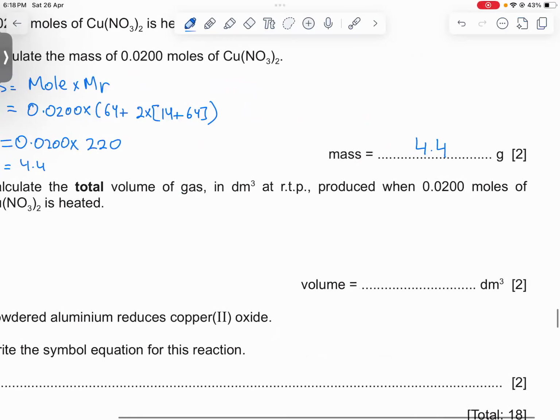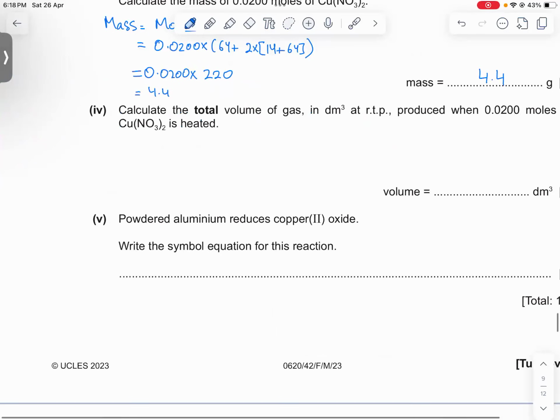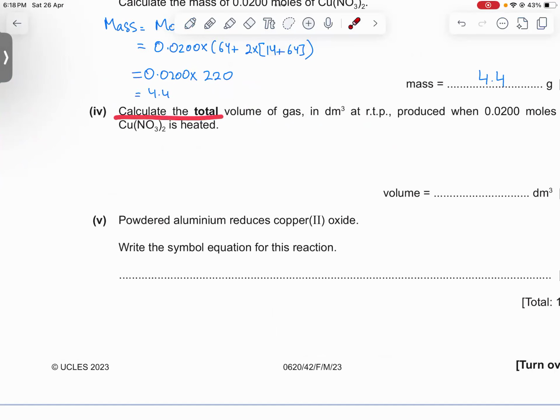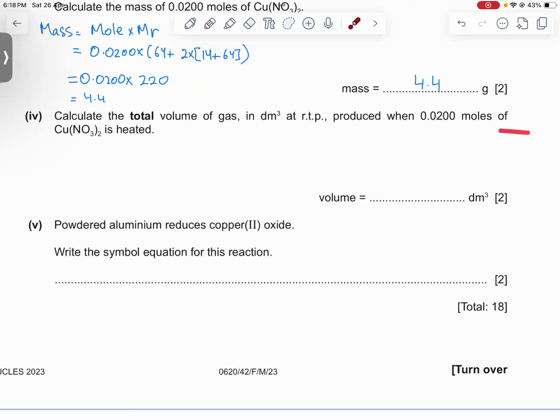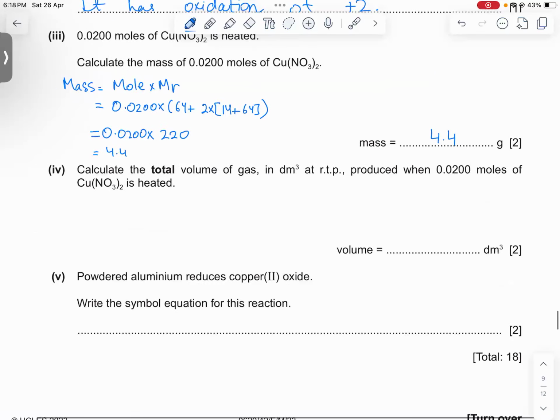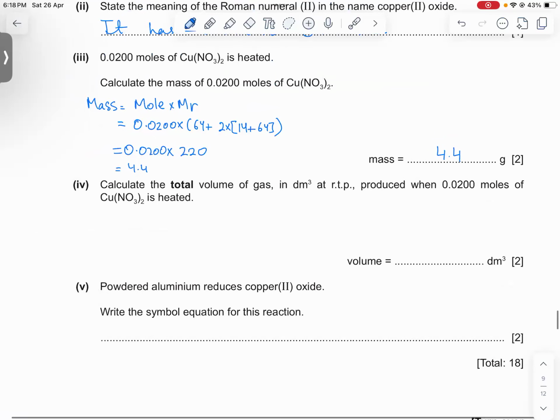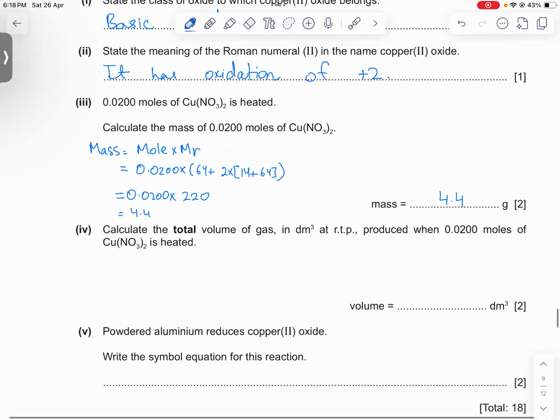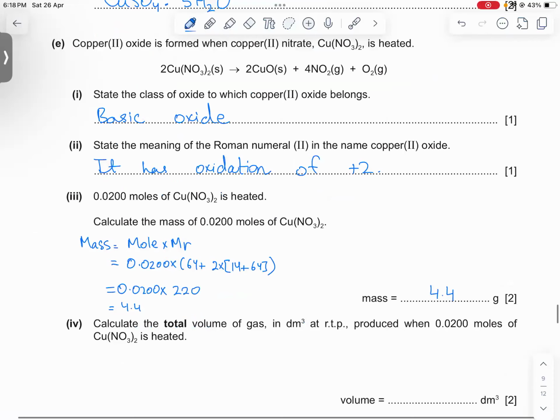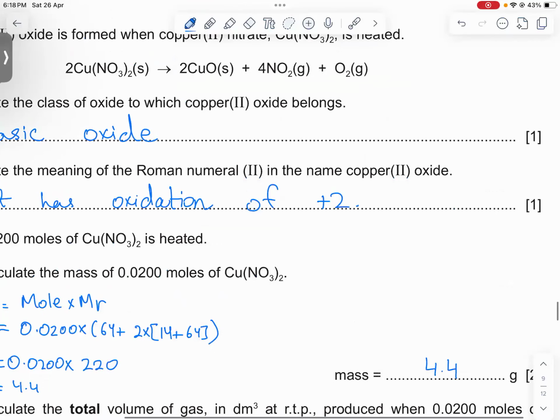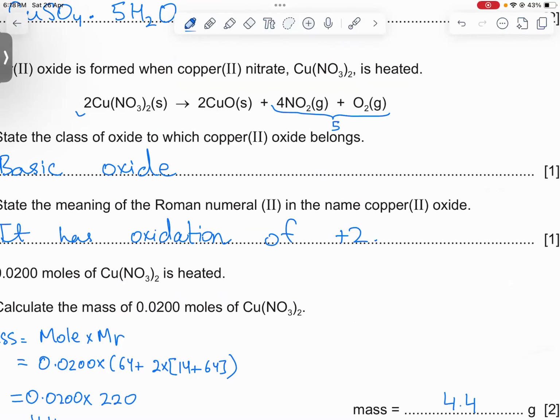Next question. Calculate the total volume of gas in dm cubed at RTP produced when 0.02 moles of copper nitrate is heated. Wait, I got a different answer for the first question.